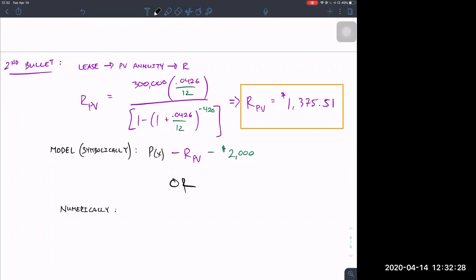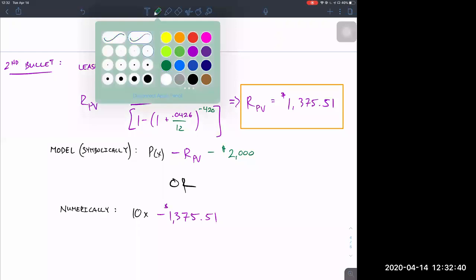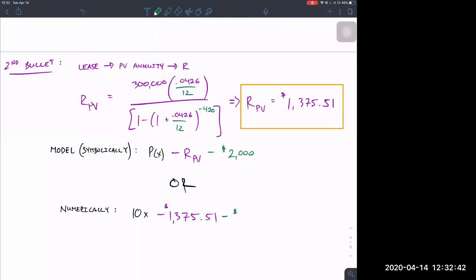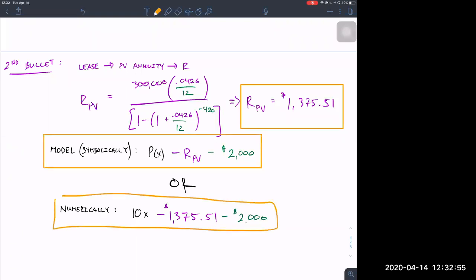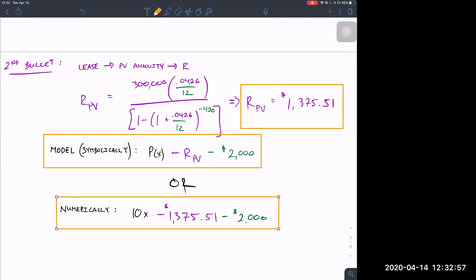Numerically, that would be 10x minus 1375.51 minus 2,000. Again, either of these answers are acceptable. There's no need to have both of them, but if you do, it's not going to mark questions off or anything of that nature. Just gotta have at least one of them.